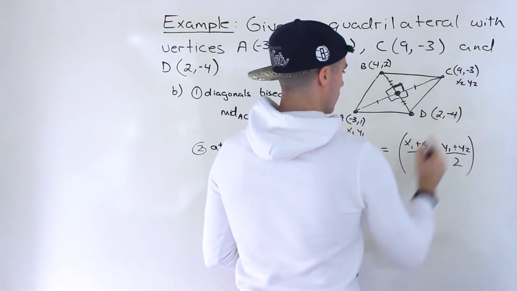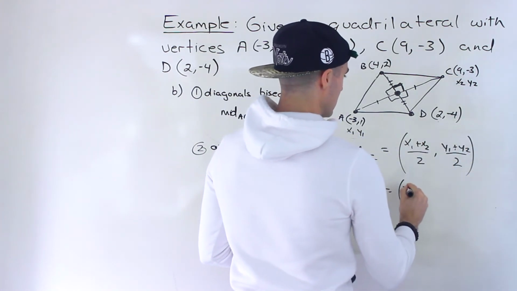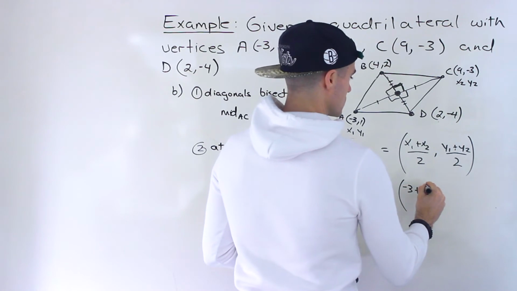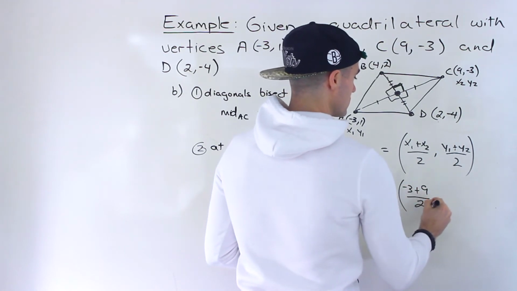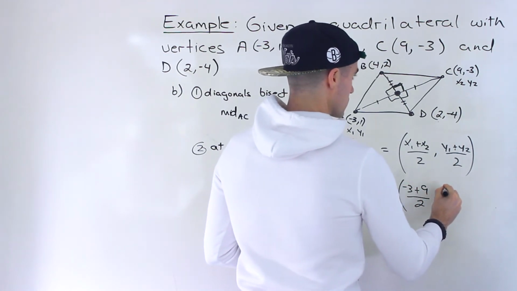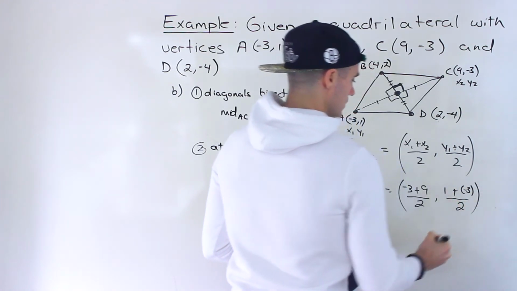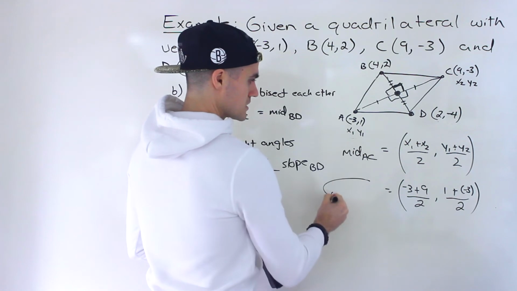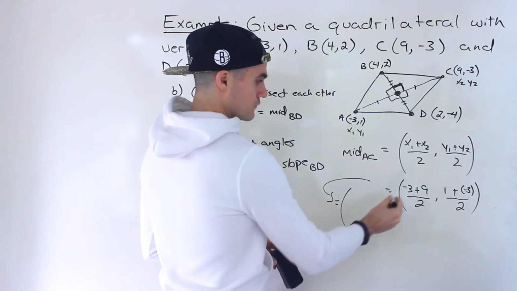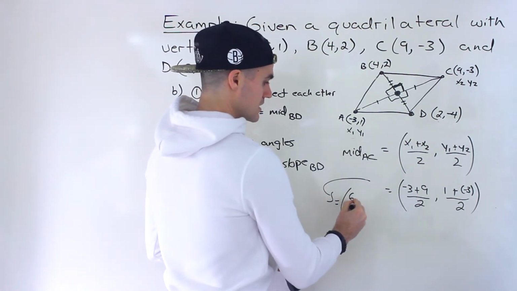So we'd end up with negative 3 plus x2, which is 9. That's going to be over 2. Then we'll have y1, which is 1, plus negative 3, and then that's going to be divided by 2. So continuing this here, we'll have negative 3 plus 9, which is 6, over 2.